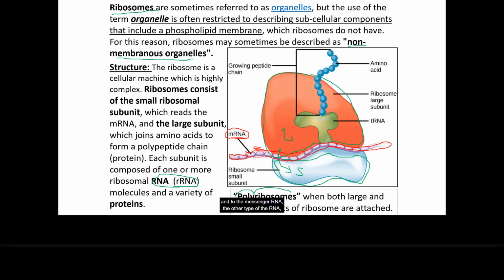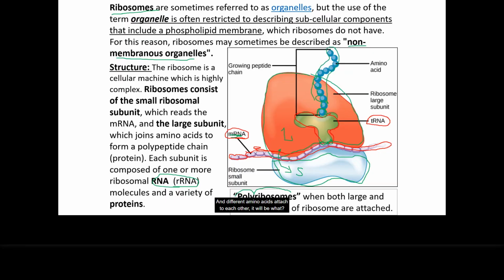Here it's green. Each transport RNA holds a different type of amino acid, for example this amino acid. And when it attaches and reads the information, the nucleotides in the messenger RNA molecule, they attach the amino acids to the other amino acids that were already attached to each other.